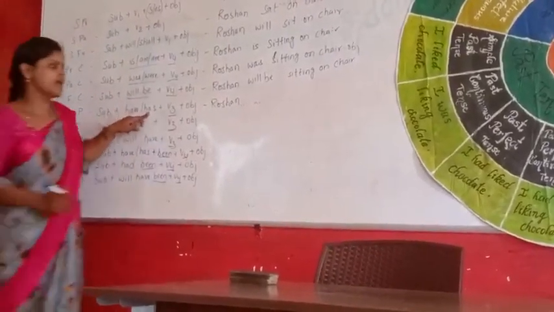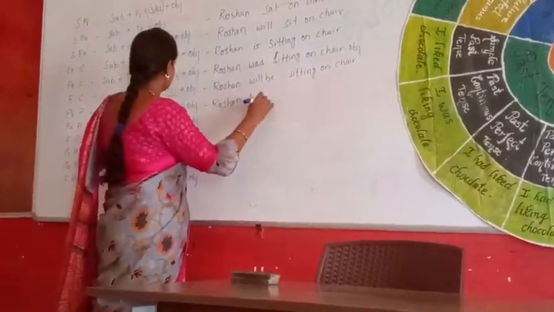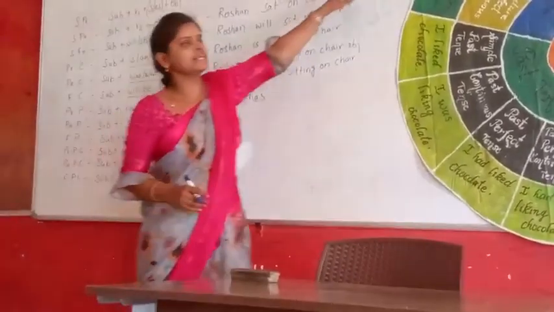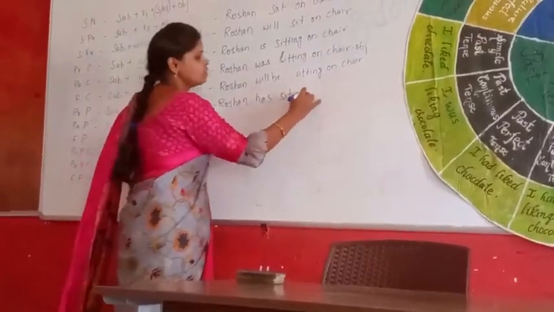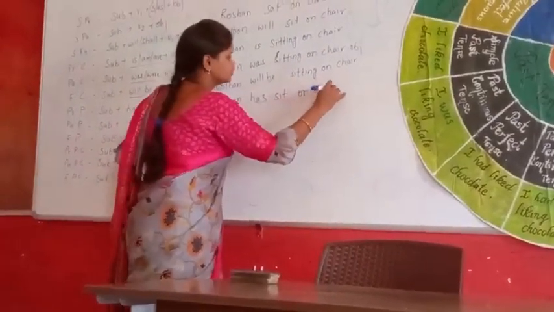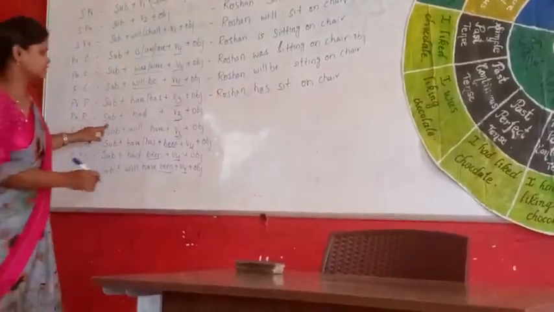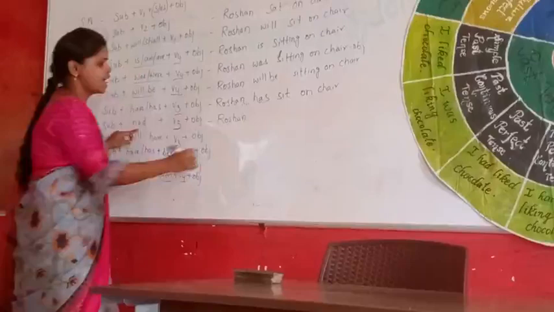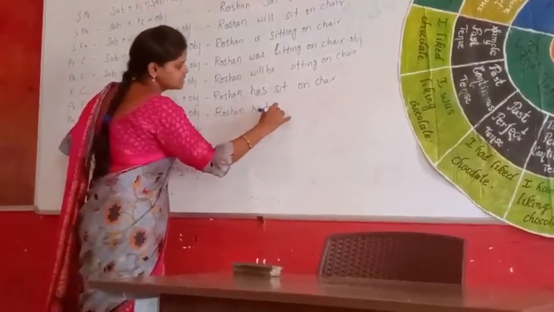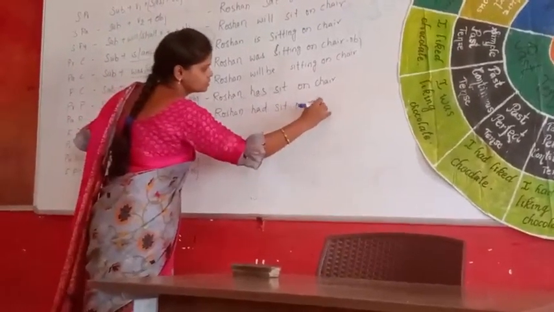Singular, we use has. Roshan has V3. What is the V3 of sit? Sit itself. Roshan has sit on chair. Past perfect. Subject is Roshan. Roshan had sit on chair.